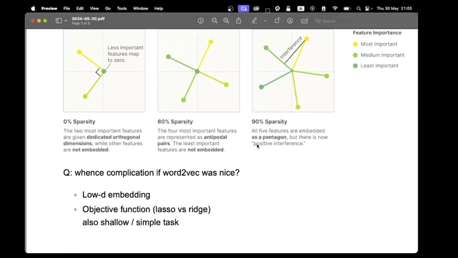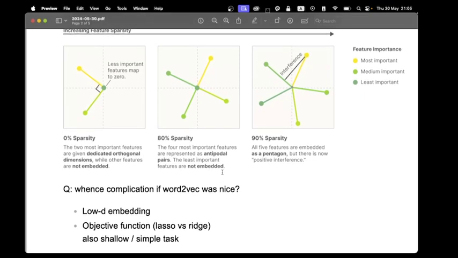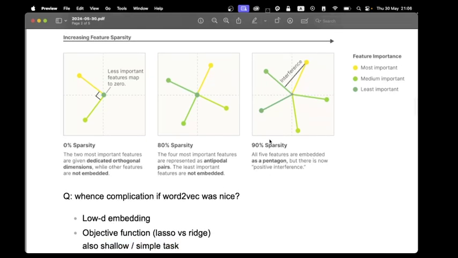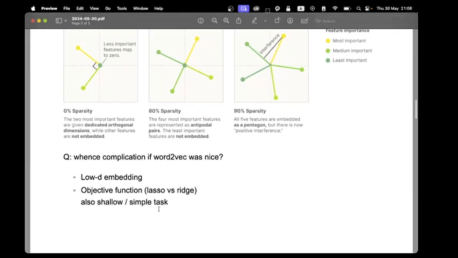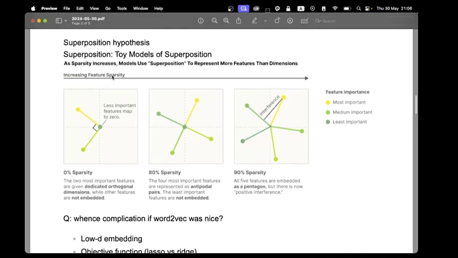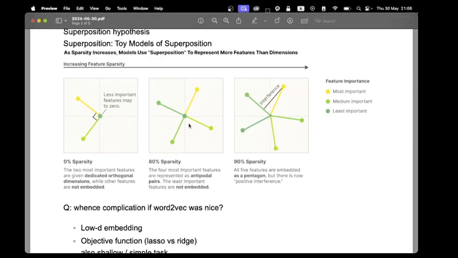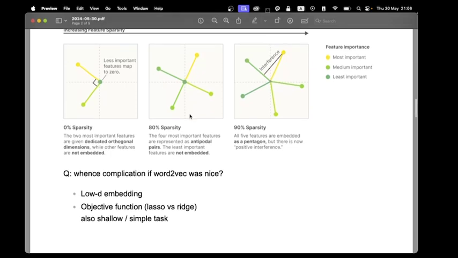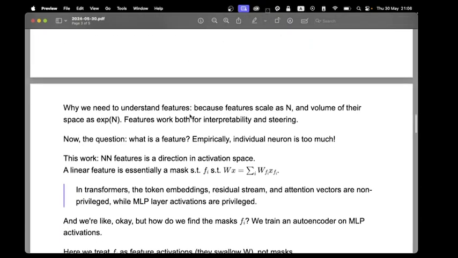I mean NLP transformers, that's important. I think these are the main reasons. It might also be that superposition occurs in deep networks because word2vec is a single layer network. Though empirically, at least the authors induce superposition artificially into a shallow network too, but I'm not sure what happens in real life.